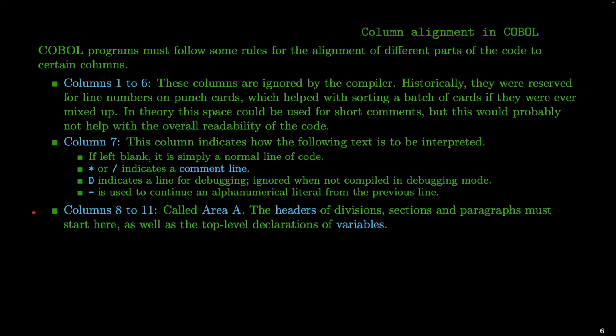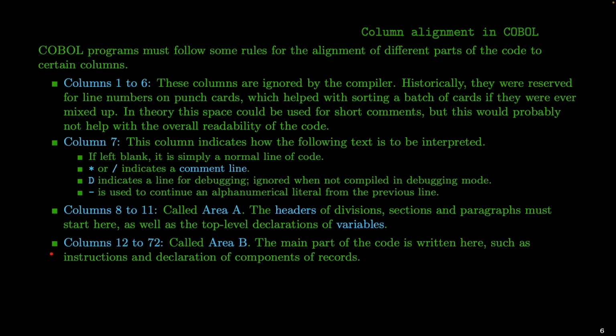Columns 8 to 11 are called area A, and the headers of divisions, sections and paragraphs in the code start here, as well as the top level declarations of variables. So column 8 is where the actual code starts, but notice some parts of the code start only in column 12, the so-called area B. Here the main part of the code is written, so instructions and declarations of components of records, so more complex variables.